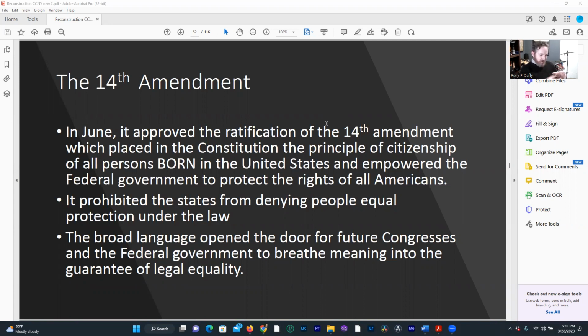Now, we talked about that period with presidential Reconstruction. Under Andrew Johnson, we see decisions to roll back Abraham Lincoln's goal for Reconstruction and come up with a more restoration of Southern power.